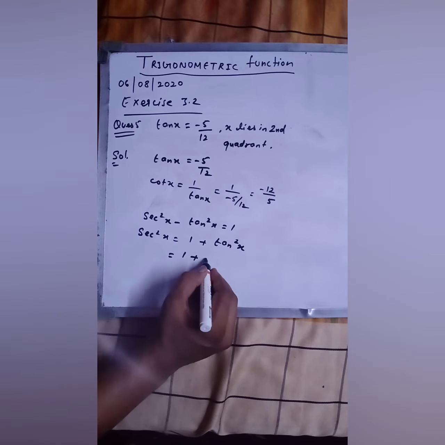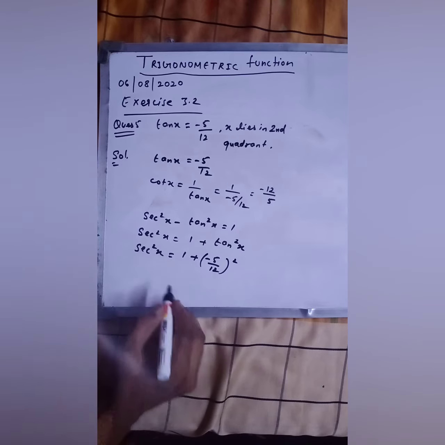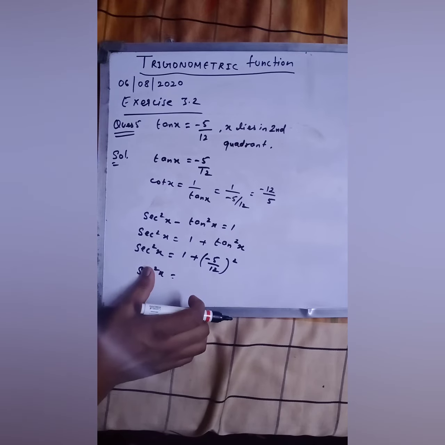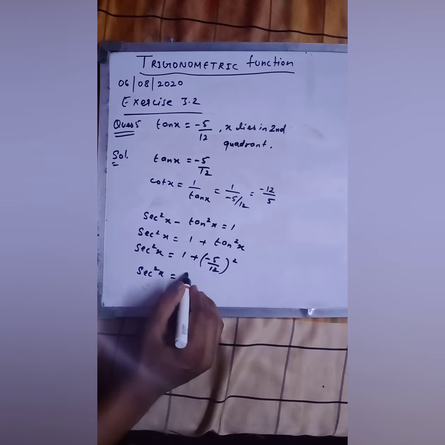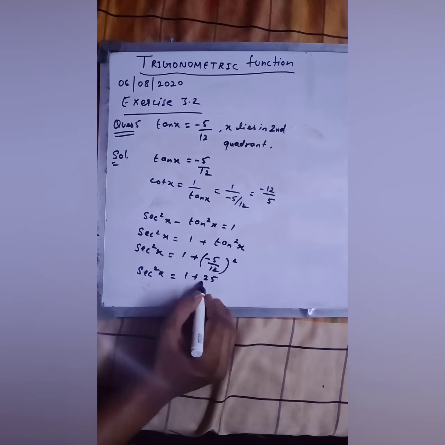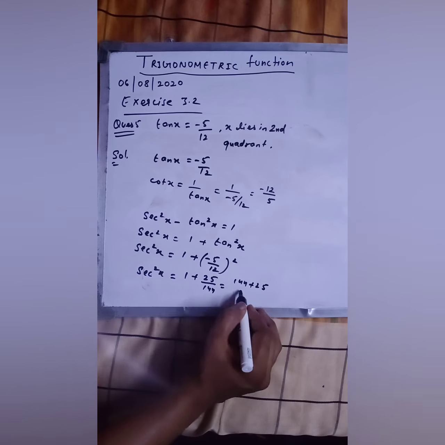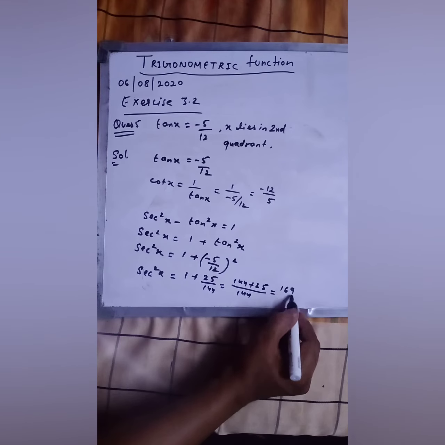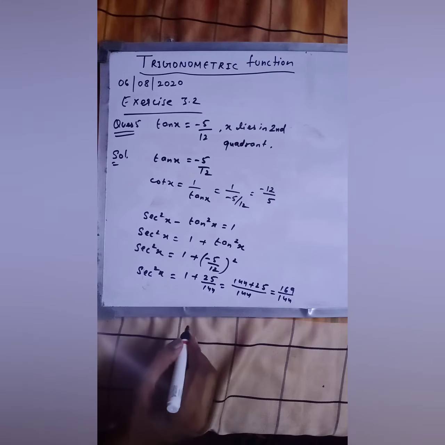The value of tan x is minus 5 by 12, so we have to do the square of this, and here we have sec square x is equals to 1 plus 25 by 144. Now you have to take LCM. Now sec square x is equals to 169 by 144.